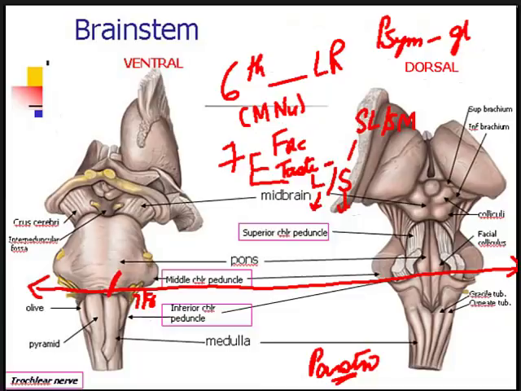So if you look at your nuclei, you have the abducent, which is the 6th cranial nerve. You'll have the facial nucleus, and then you'll have the parasympathetic component, which is the salivatory and the lacrimatory. I told you taste may or may not be present, but you must remember that the 7th also carries taste. So some of the fibers probably descend and go into the nucleus of the tractus solitarius.